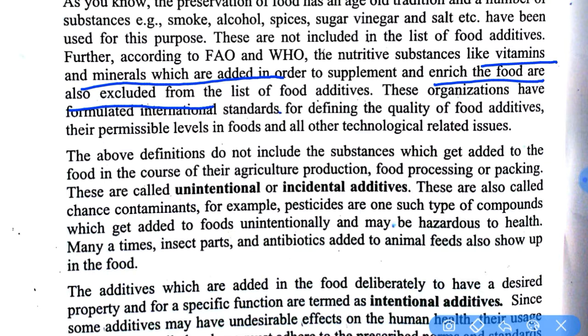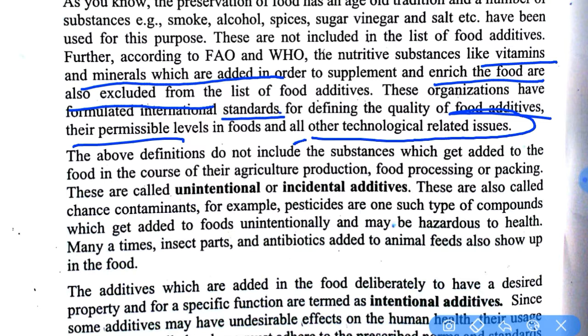Then these organizations have formulated international standards. Some internationally accepted standards are developed for defining the quality of food additives, their permissible levels in foods, and all other technological issues are standardized by these two organizations.